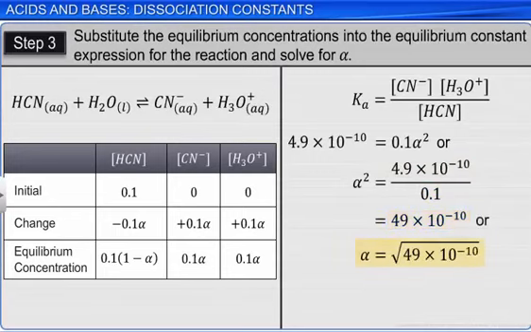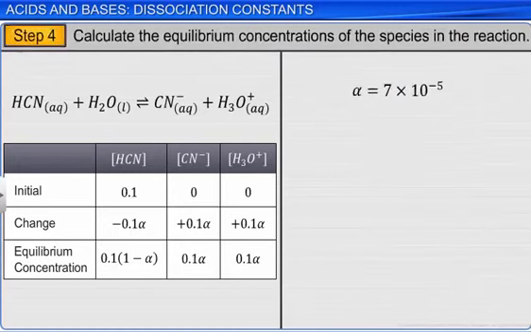This is equal to 7 multiplied by 10 raised to the power minus 5. Thus, the degree of dissociation of decimolar hydrocyanic acid is equal to 7 multiplied by 10 raised to the power minus 5. In the fourth step, calculate the equilibrium concentrations of the species in the reaction.